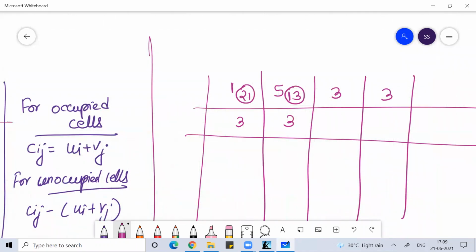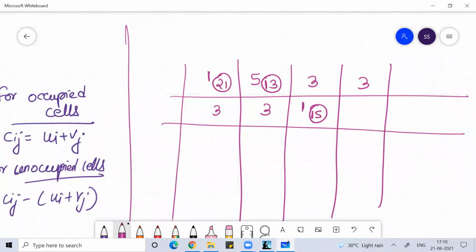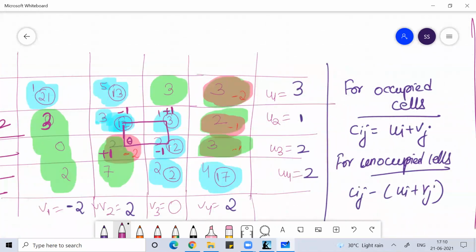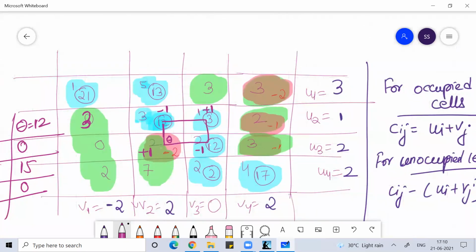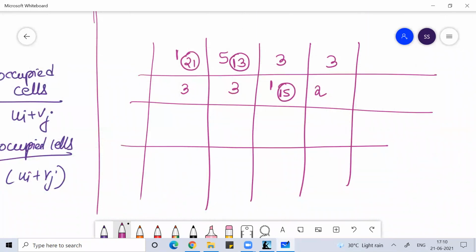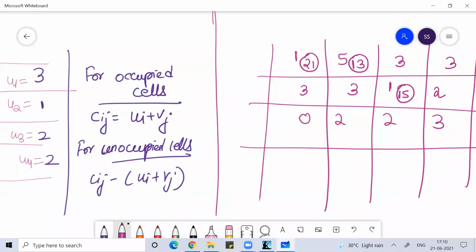The 1 which had the allocation 3 will become 15, then 2, 1. Then 3, two rows done. The third row is 0, 2, 2, 3, then 2, 7, 2, 4.